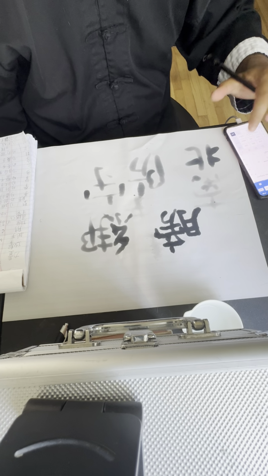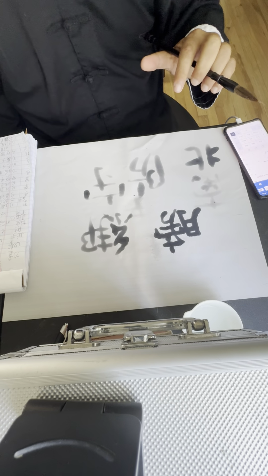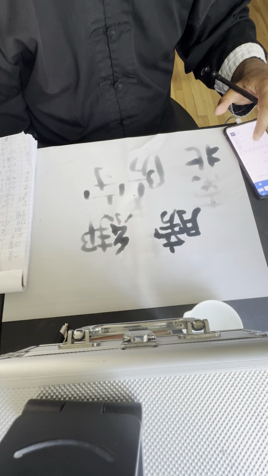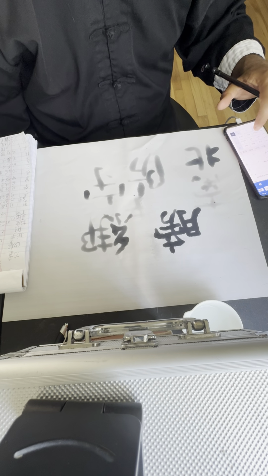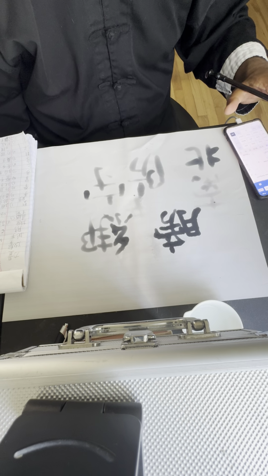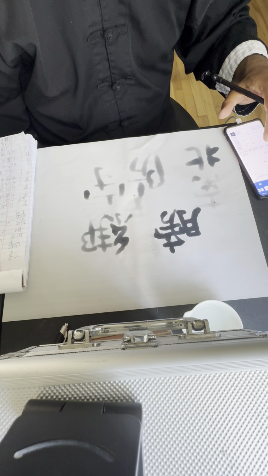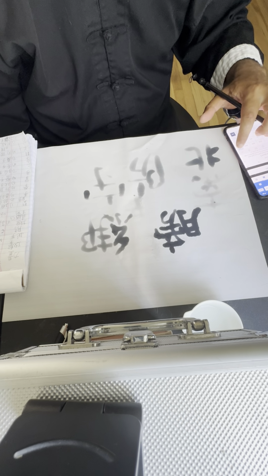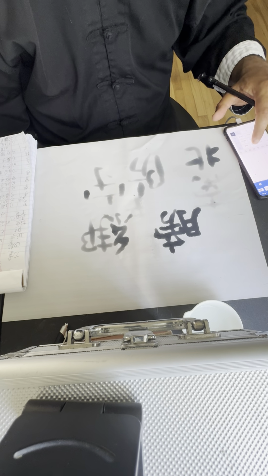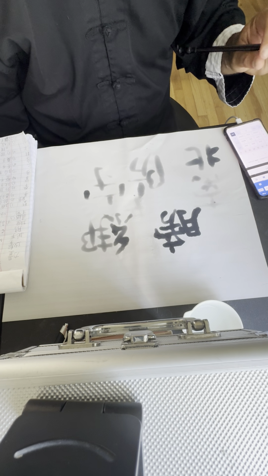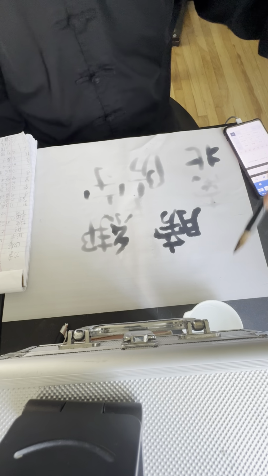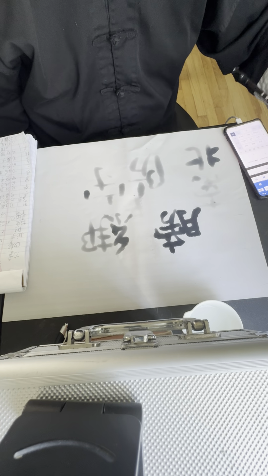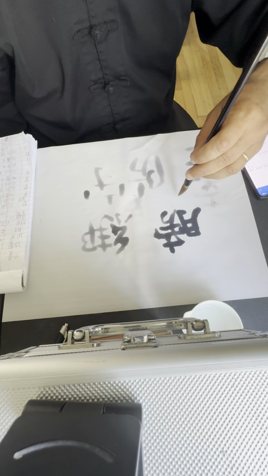Okay, so now if we're going to go to another attack, this one is basically here.